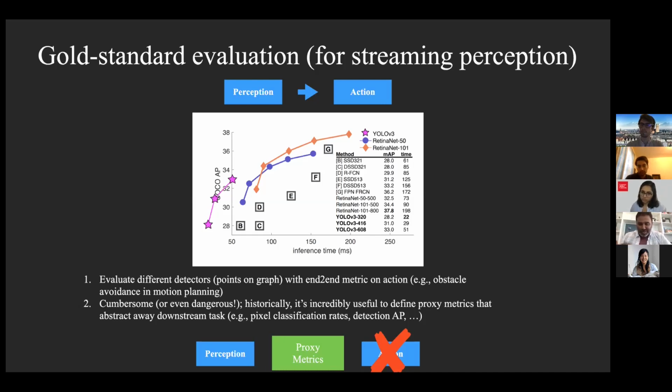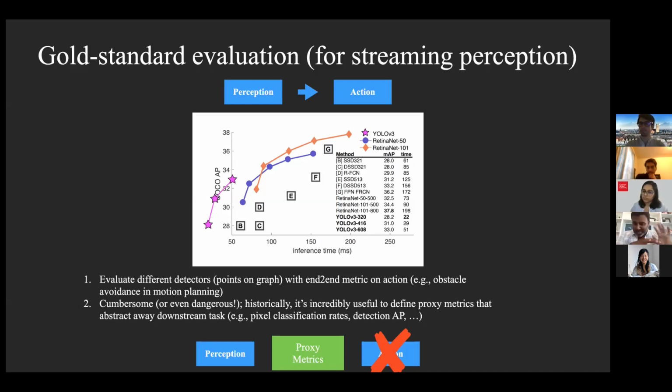We don't go all the way down to the downstream task. We abstract away and define things like mAP, pixel classification rate, or MOT or HOTA or any of these variants, where by abstracting away the end task, we can still innovate and come up with better perception algorithms on our own.